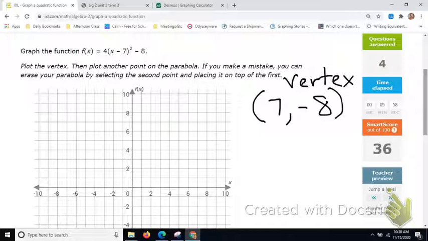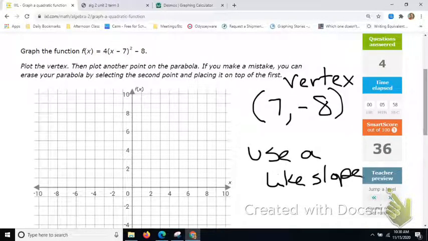And then we can plug in to find another point. We can also use a like a slope. So just go 1 point over and go up 4. So like up 4 over 1, since we only have to make one other point. And if you did plug in 8, you will get the same answer, I promise.